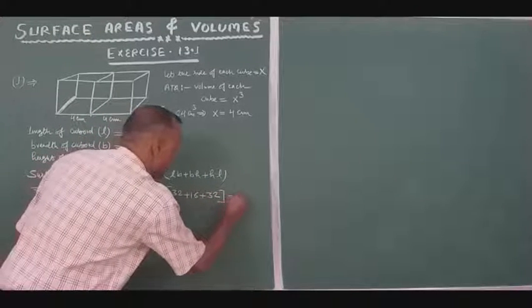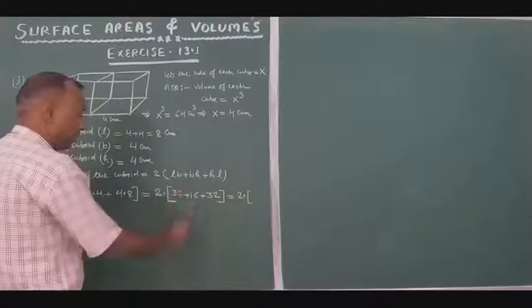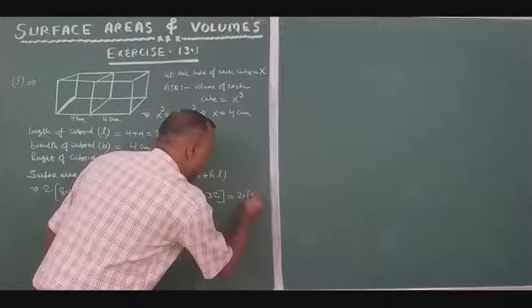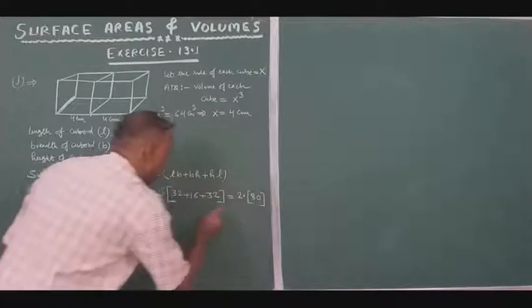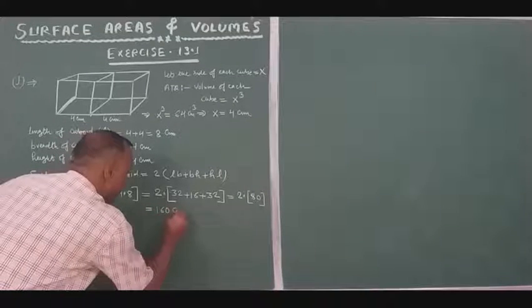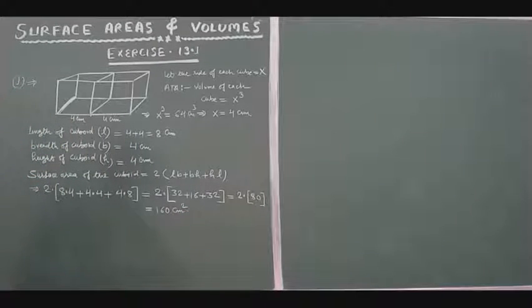Adding them, we get 2 into 80, which is 160 centimeter square. So the surface area of the cuboid formed is 160 centimeter square.